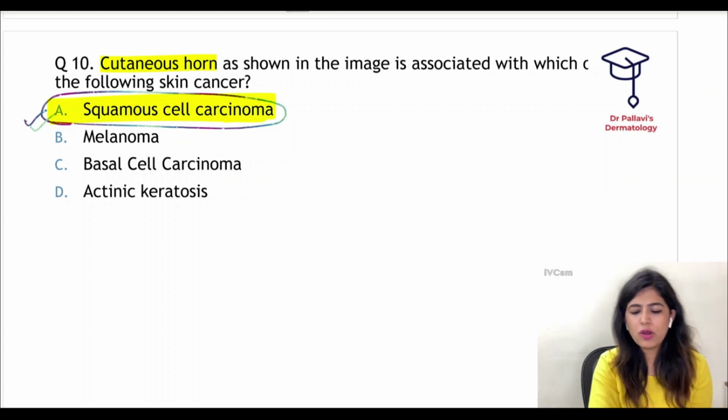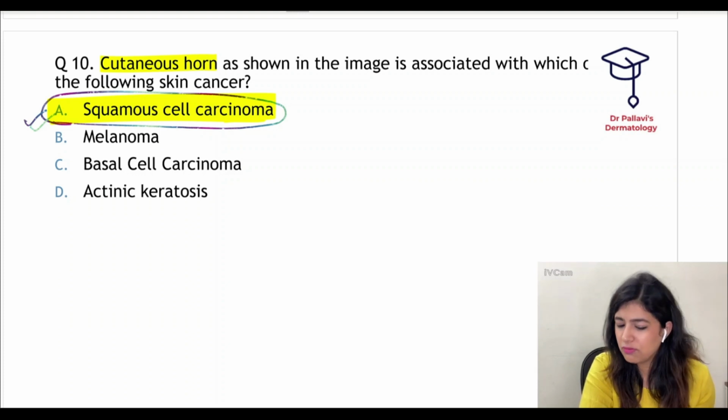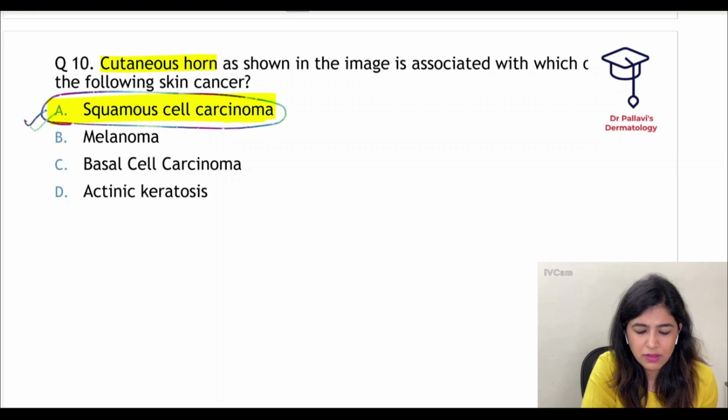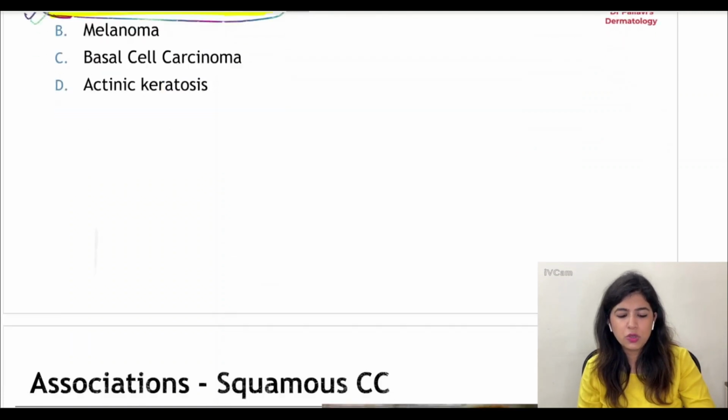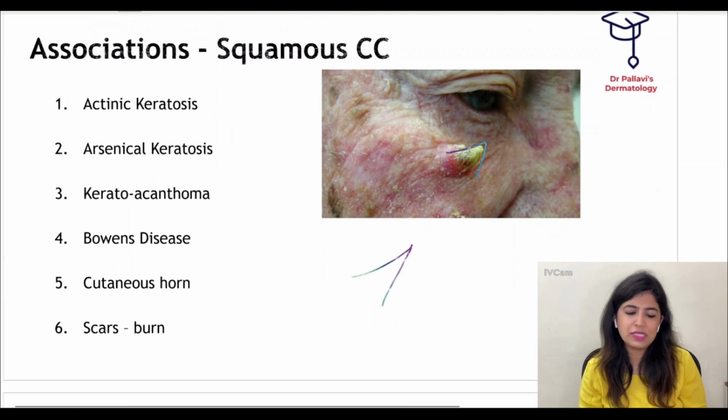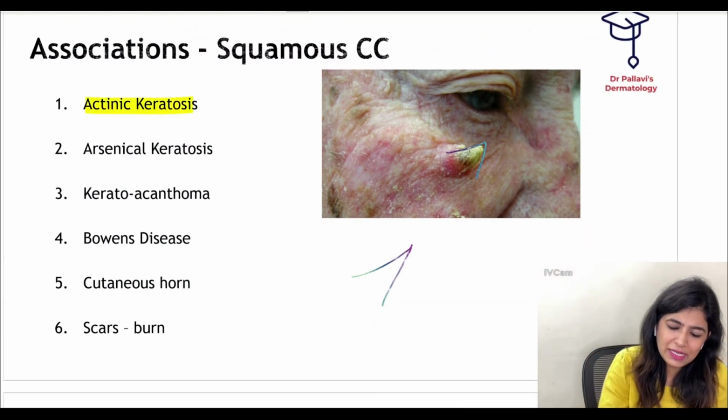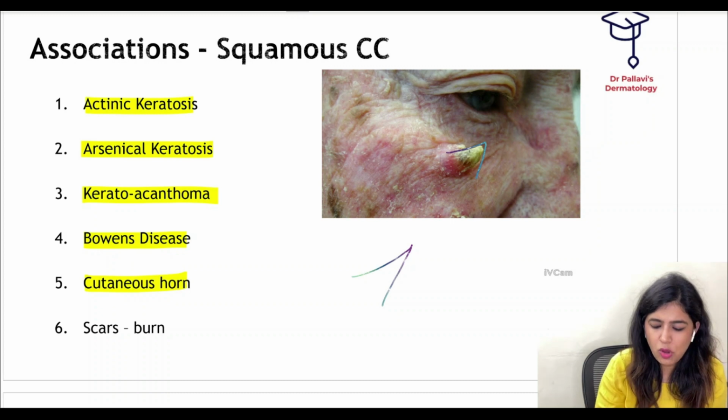So the cutaneous horn, as shown in the image which I just showed you, is associated with squamous cell carcinoma. Very, very, very important to remember other associations of SCC, which includes actinic keratosis, arsenical keratosis, keratoacanthoma, Bowen's disease, and now cutaneous horn, as well as a burn scar.